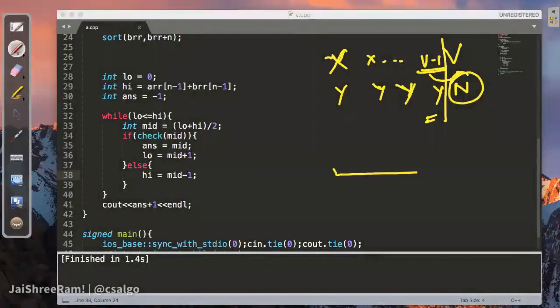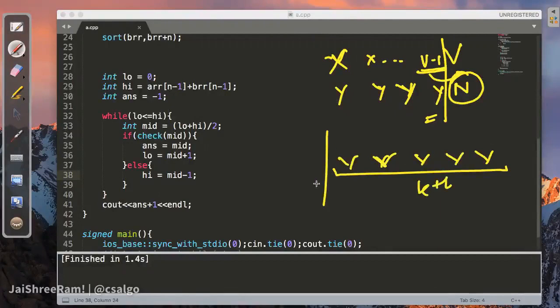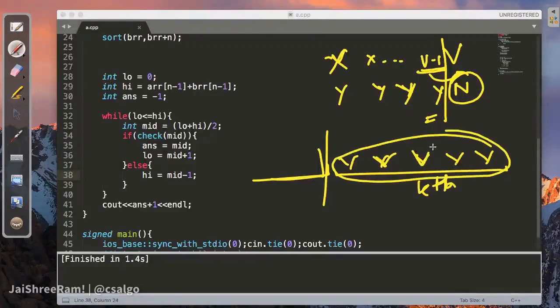If you have some range of v's in the array, and this is the kth position, then if you search for v minus 1, the count will be less than k, and if you search for v, it will be greater than or equal to k. This is the property that we are using to search for the v value.